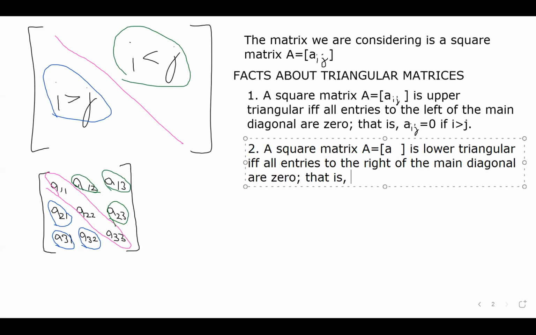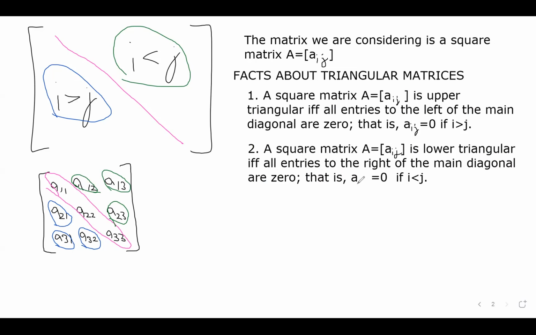That is, a sub ij is equal to 0 if i is less than j. So now I'm just going to fill in the ij part here.